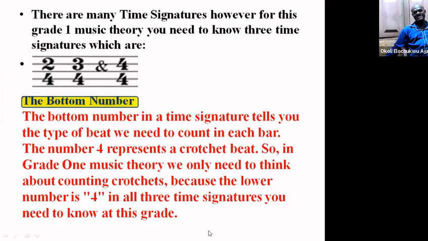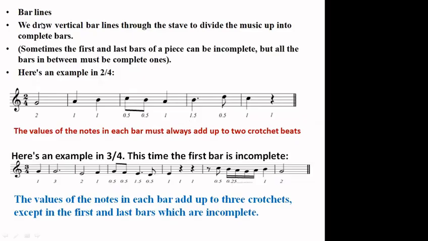We're going to look at the bar now. So we're looking at bar lines. You will always see vertical lines on the staves whenever you have them. This is actually what gives us a perfect idea of the measure.